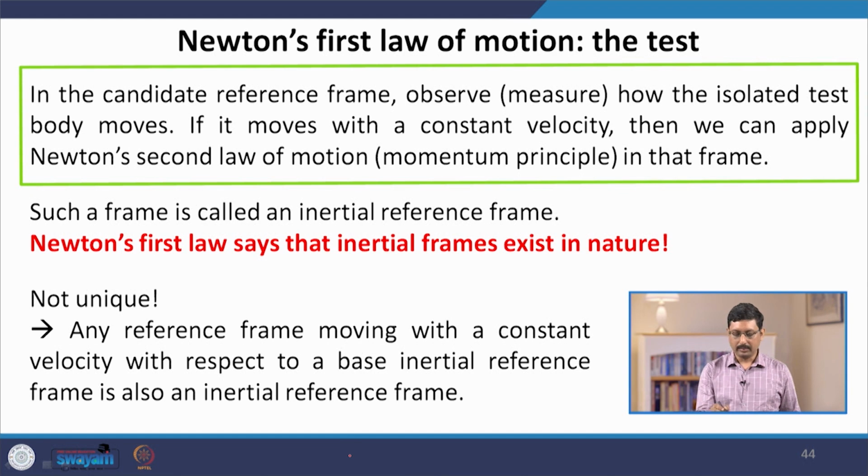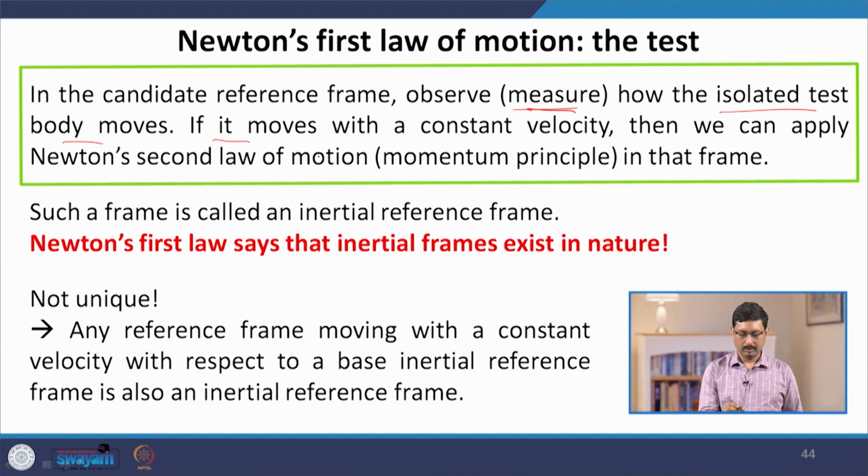Now, the question is: in which of these frames can you use Newton's second law of motion to analyze problems? So, this is the test. In the candidate reference frame, observe, which means actually measure, how an isolated test body, such as this linear air track, moves.